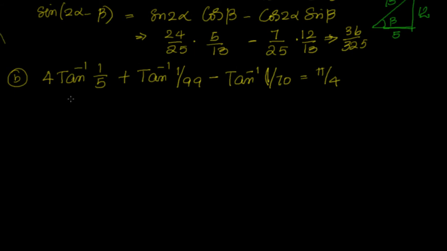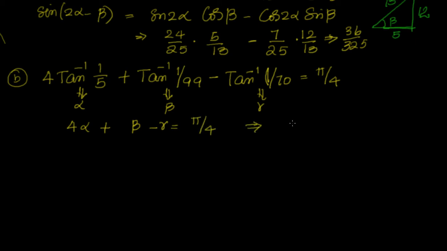Okay, so as usual, I will take this as alpha, I will take this as beta, I will take this as gamma. So this becomes 4 alpha plus beta minus gamma equal to pi by 4.